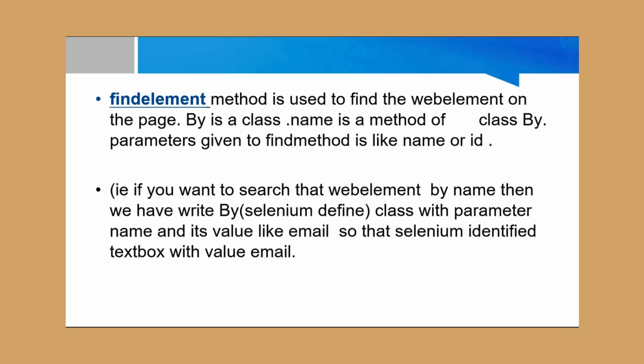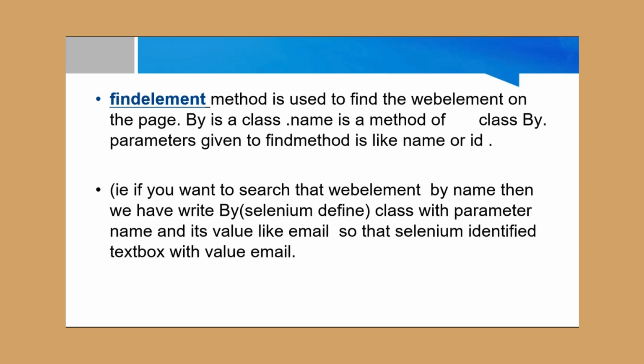This identification of the web element is done by the find element method. It is used to find the web element on the page. By is a class and name is its method. So By.name means name is the method, and it is also called the locator name. So By.name is the code to identify any web element.